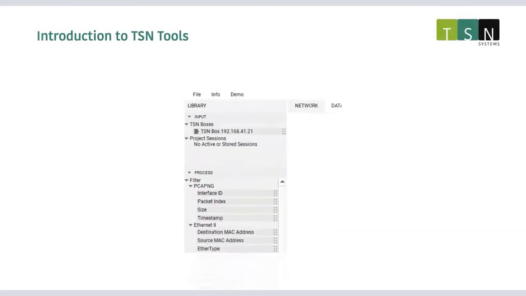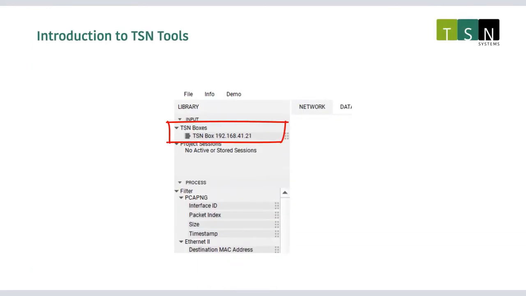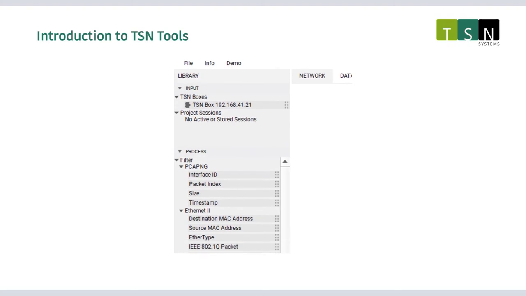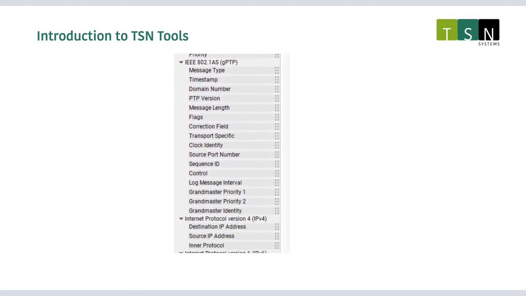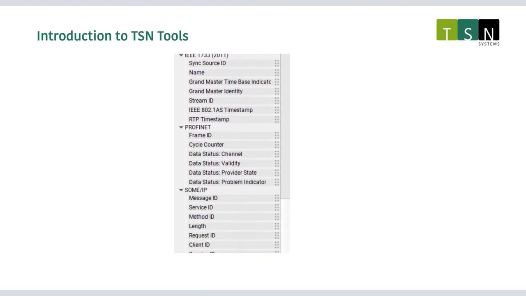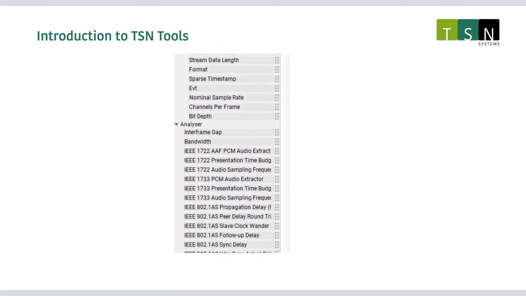On the left side, we find the asset library. At the top are connected TSN boxes, loaded projects, and sessions. At the bottom is a toolset of several filters and analyzers for both generic and very specific analysis.